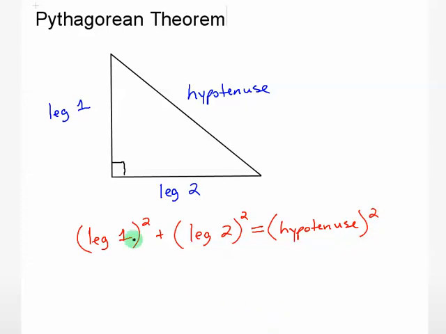Okay? So you can't take the square root of both sides and get rid of all these squares, by the way. Okay, so this is a right triangle. You square the first leg, add it to the square of the second leg, you get the square of the hypotenuse.